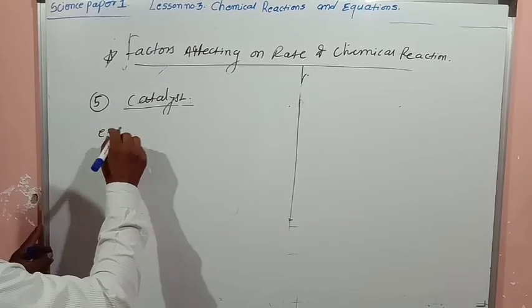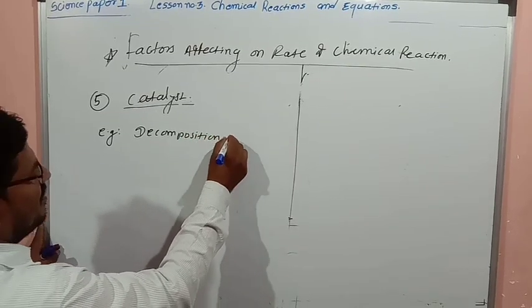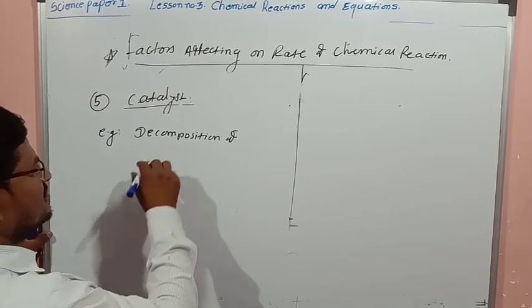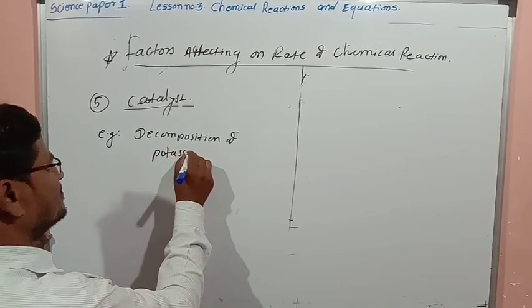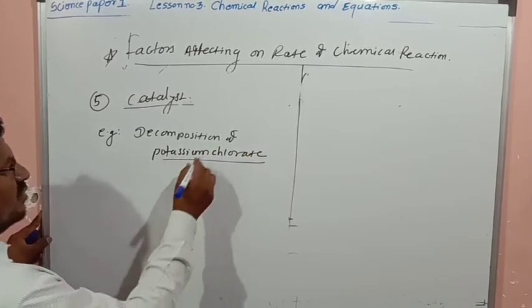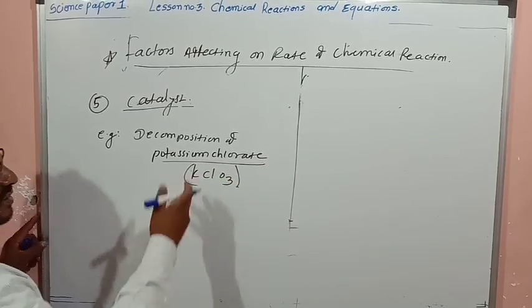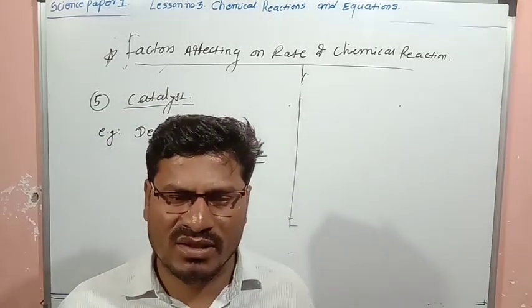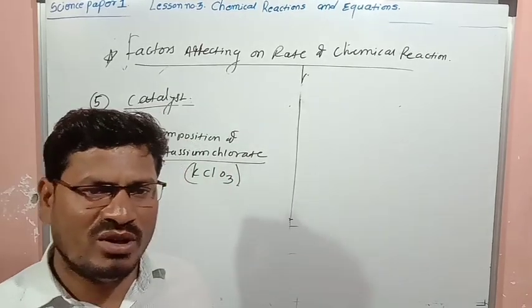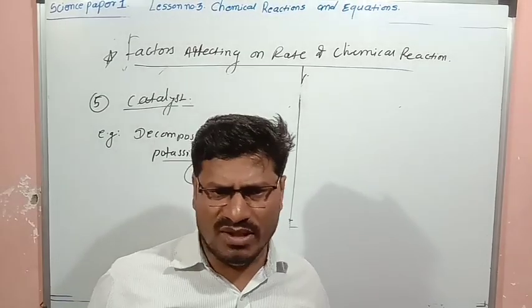One example is the decomposition of potassium chlorate, KClO3. Decomposition normally takes place at room temperature at a slow rate, but if you use a catalyst, the reaction takes place very fast.